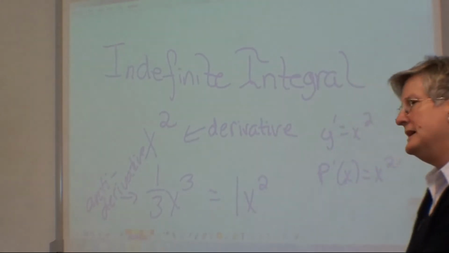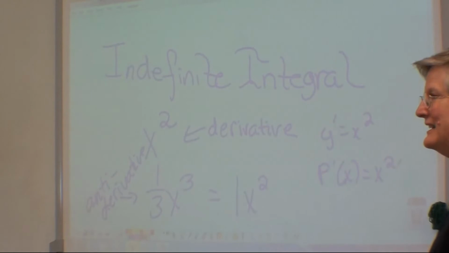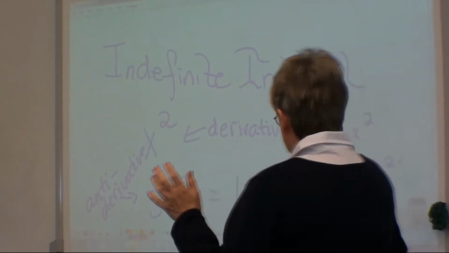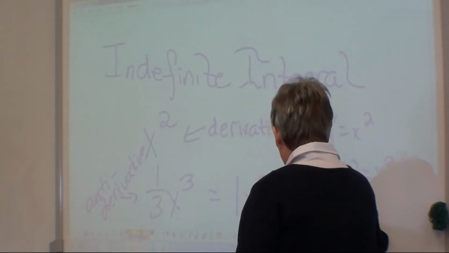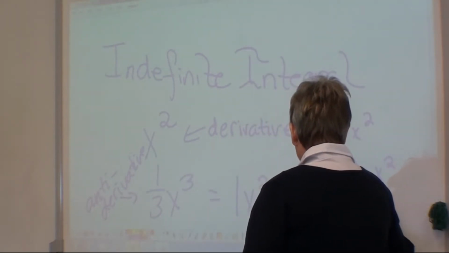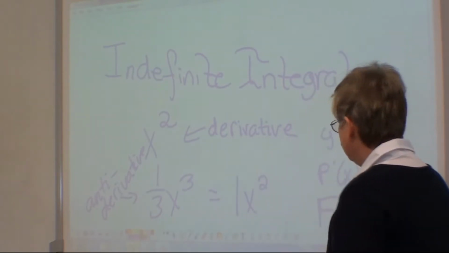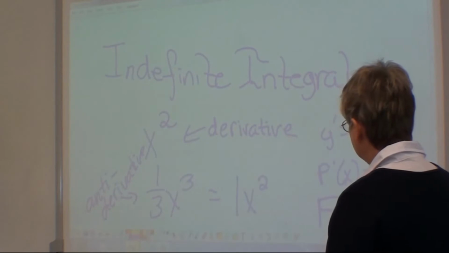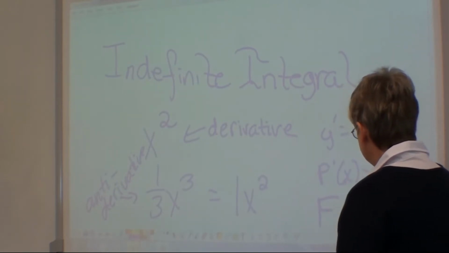Okay, so we need some notation for antiderivative. And what they do, and I have to be careful how I write this, is you use a capital F. So the antiderivative of that is 1/3 x cubed.